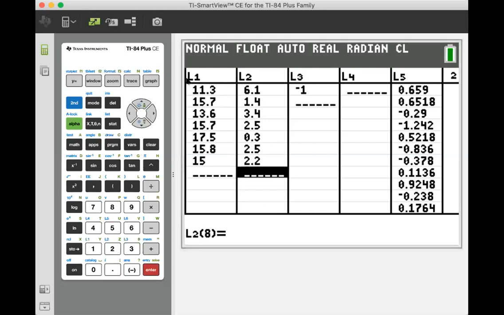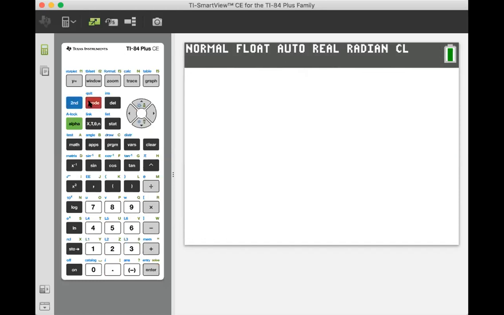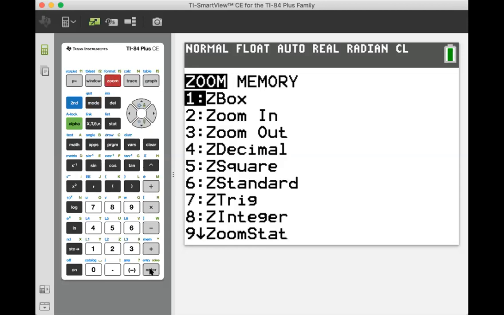Okay, so here's our set of data. I'm going to quit out of here because I don't want to mess up my lists any worse than they are. And I think I still have everything set up for that plot. So zoom, enter.